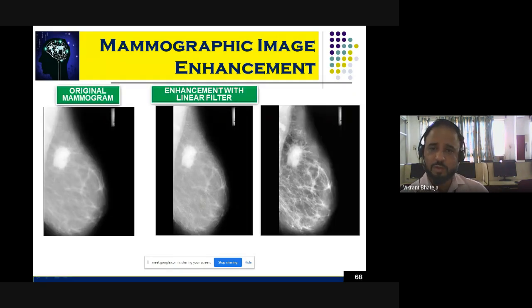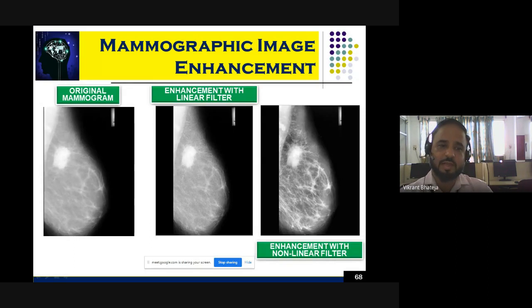You can see an example over here. If this is an original mammogram, then this is the enhancement with a linear filter. You can see the linear filter is providing a similar kind of image, not much change, but this is a tentative output from an enhancement with a non-linear filter.